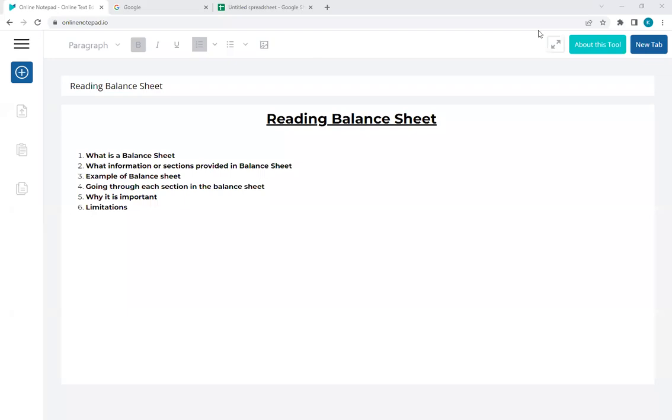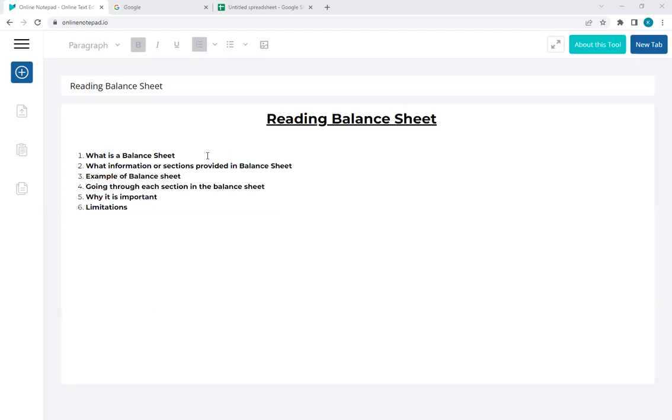That means a balance sheet reports a company's assets, liabilities, and shareholders' equity at any specific point in time.